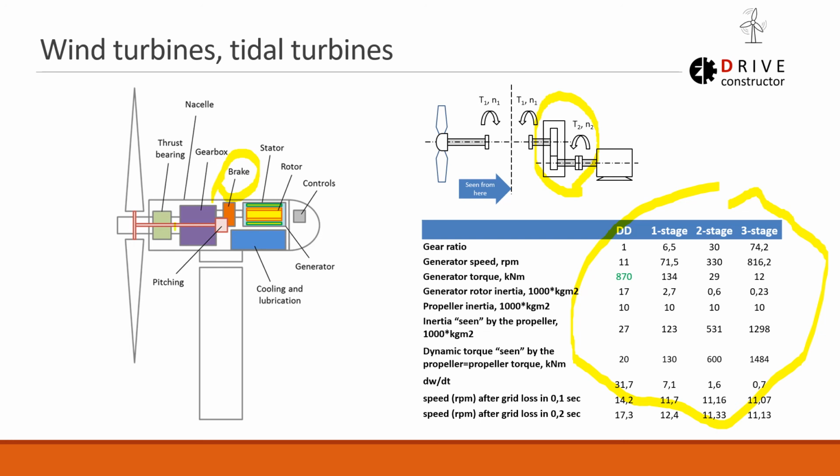But we could have it, for example, here between the thrust bearing and the gearbox. So then the system dynamics would be different in these two cases, and the brake size would be different in these two cases. So please look into this theory and try to solve the tasks, go through the exercises on this.